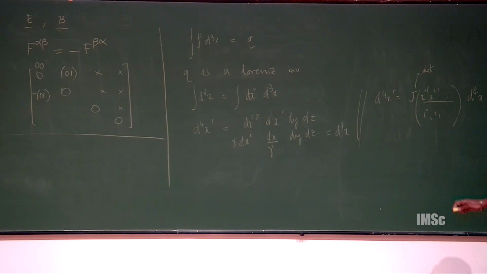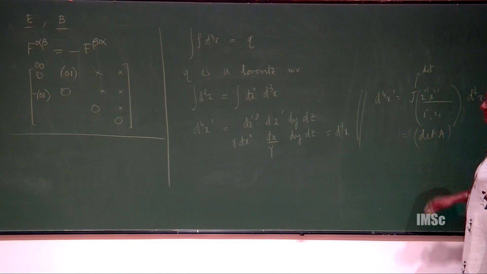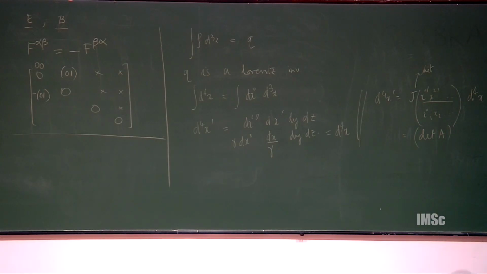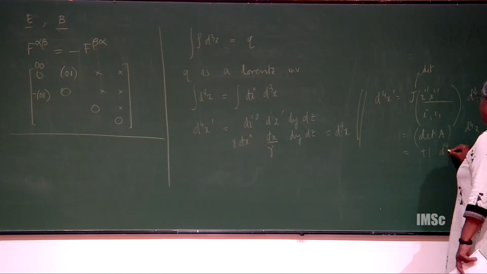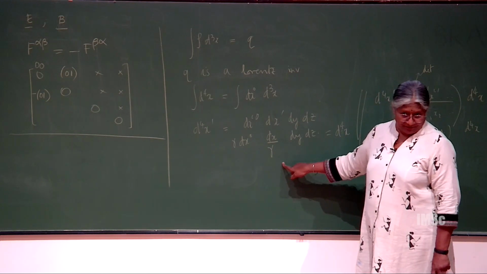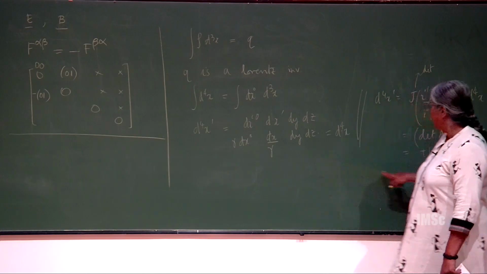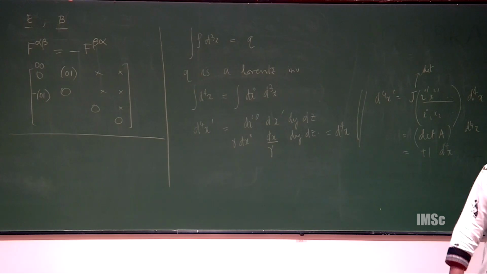And this will become the determinant of, so I am not going to do it, you can ask someone in the tutorial to do this. This becomes determinant of A times d4x, and therefore I have just shown you that for a proper Lorentz transformation, determinant A is plus 1, and therefore d4x prime is equal to d4x, okay? So since here I have explicitly used the proper Lorentz transformation, I already got plus 1, but in general you can show that this comes out to be plus 1 for proper Lorentz transformations.